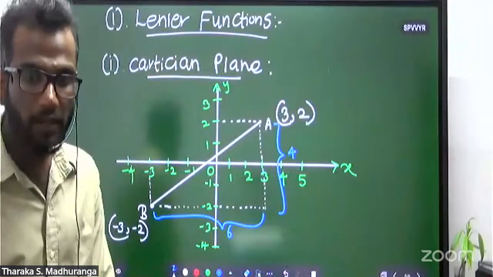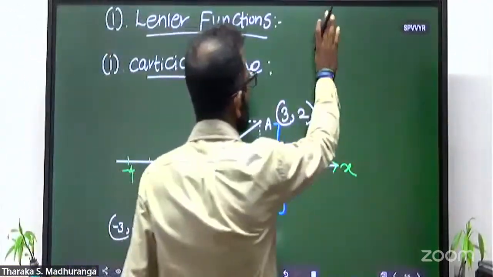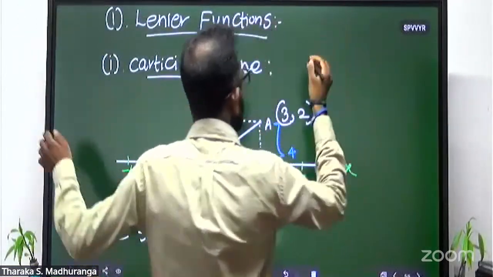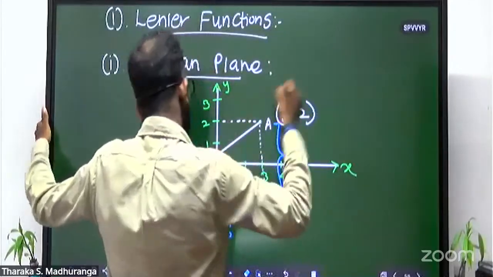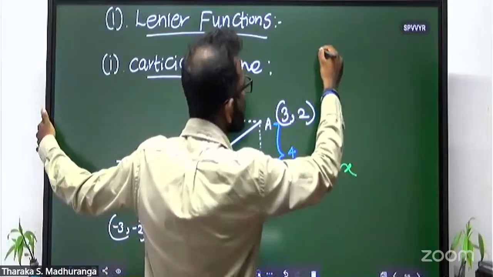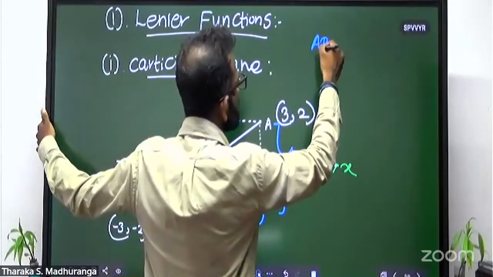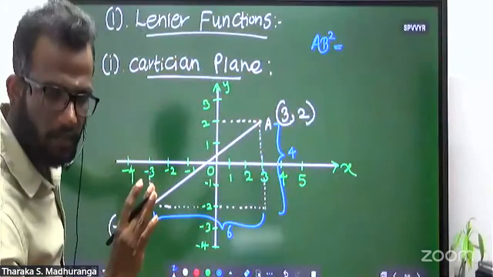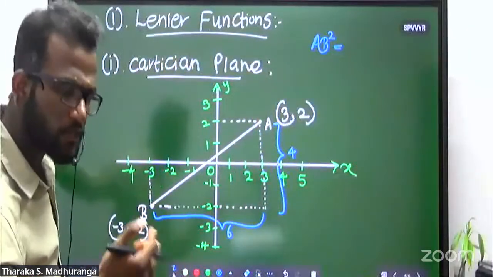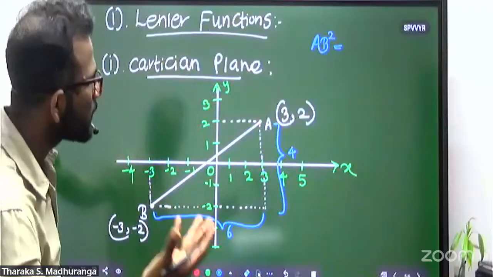Then you can get the length. That's a short method. Understand very well. That's one method, but in this lesson we are not going to use Pythagoras. We have a special method. That's a basic method.